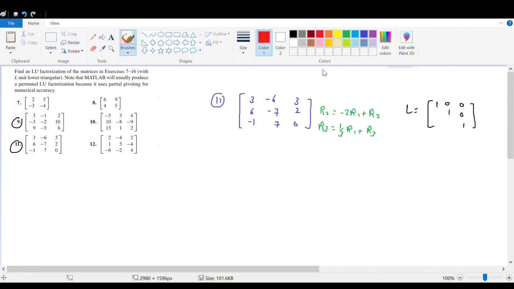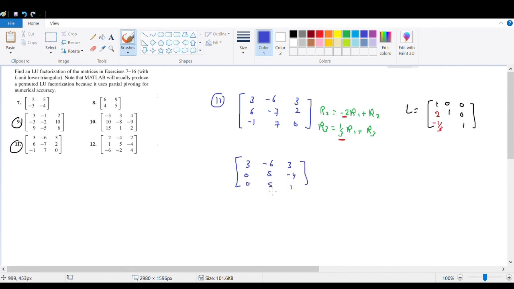For this element here it is -2, so this one should be 2. For this one it is 1 over 3, so this one should be -1 over 3. After doing the row operations we get the new matrix 3 -6 3, 0 5 -4, 0 5 1.